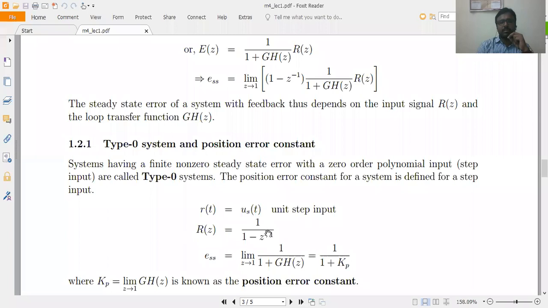Substituting this in the steady state error expression, we get ESS is equal to 1 divided by 1 plus limit Z tends to 1, G into H of Z, where limit Z tends to 1, G into H of Z is called the position error constant, Kp. So this is the first type of system with respect to the steady state.